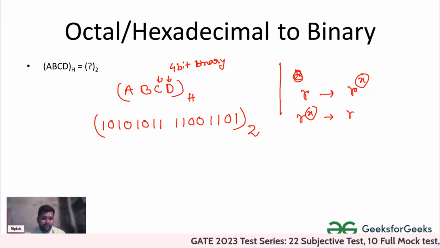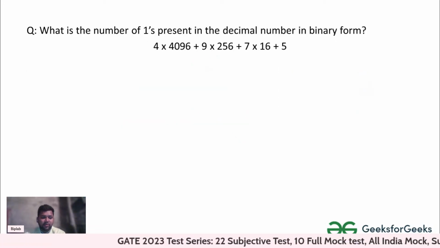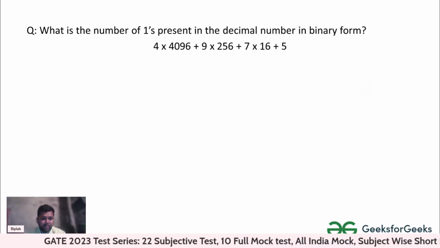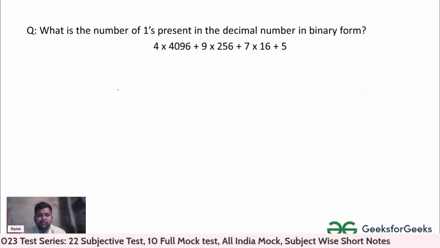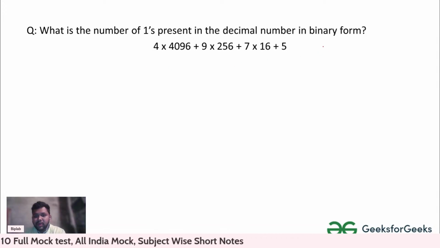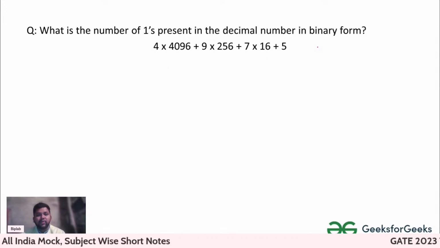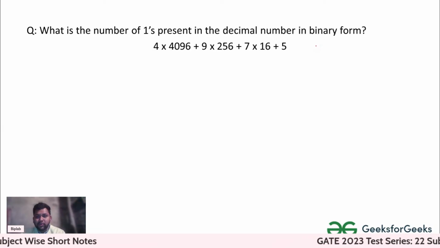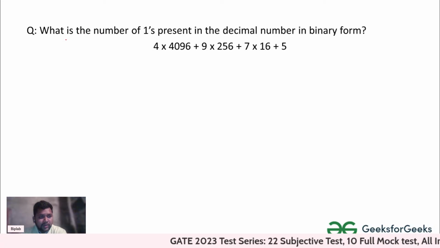Now let's solve some numericals. We will also learn many new concepts through numericals. We have previous year questions along with some extra designed questions for covering some more concepts. So first look at this question.